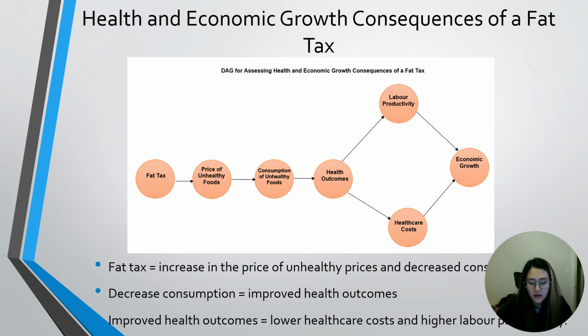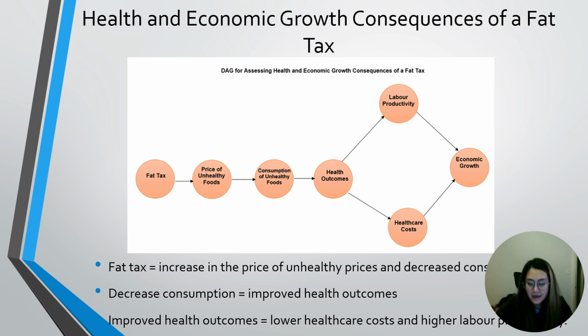So the econometric model can utilize panel data to analyze those relationships, where the fat tax is a treatment variable. Key variables such as the price and consumption of unhealthy food, health outcomes, for example, incidence of obesity and diabetes, healthcare cost, labor productivity, and economic growth metrics, for example, GDP growth, are all included.